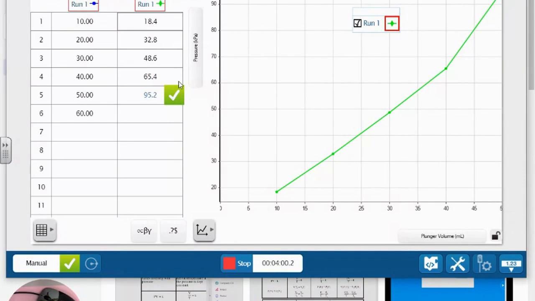We're going to do 50. So I'm at 50 right now. Pull it back to 60 and just hold it there. Usually two people do this because it is so difficult to hold that.